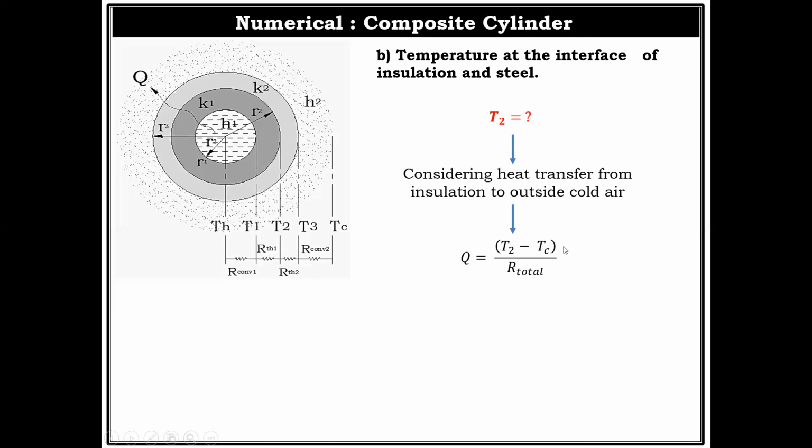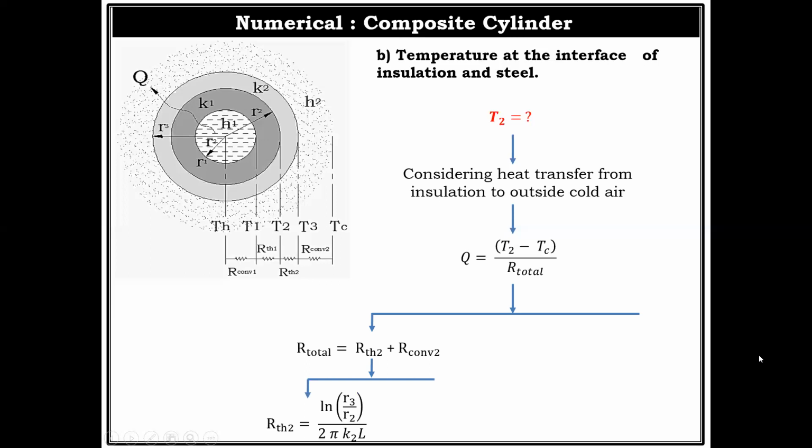So in this outer convection part, the formula becomes Q equals T2 minus Tc upon R total. Here R total will be R thermal 2 plus R convection 2. Do we have all the values for calculating R thermal 2? Yes, it is there.